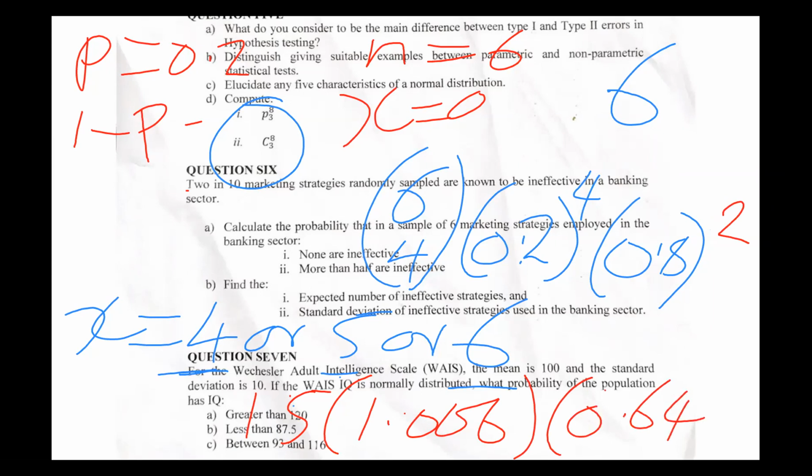Then you can multiply all of them together. 0.2 to the power 4 is 0.0016. Okay. So when you combine everything together, what do you get?